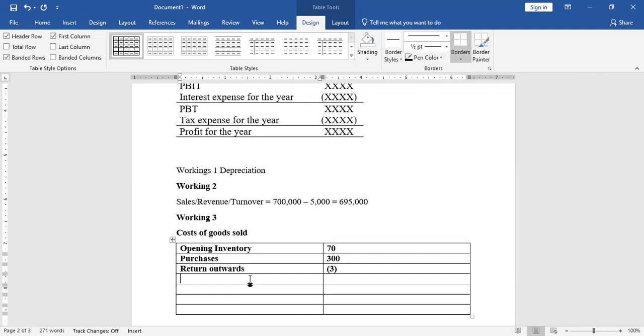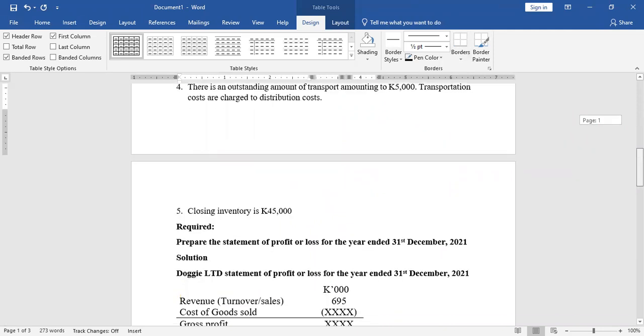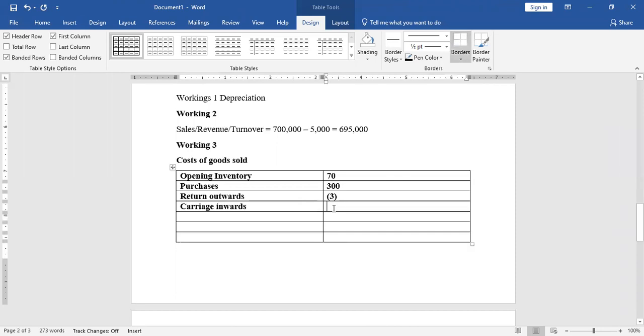So carriage inwards is part of the purchases. Carriage inwards is the transportation cost of the goods into the business. I saw carriage inwards in the trial balance. Yes, here it is, 10. So we are adding it to purchases.